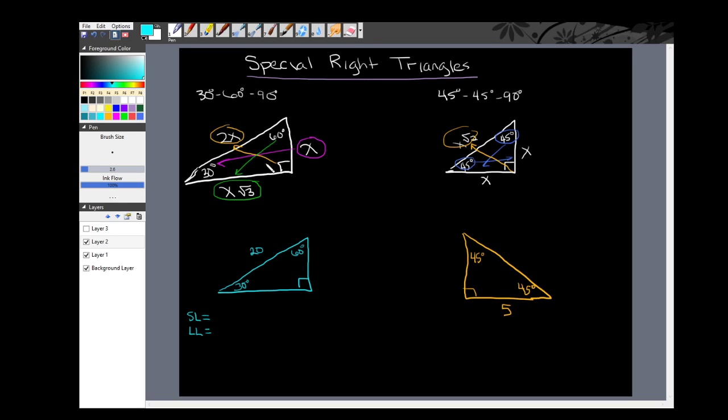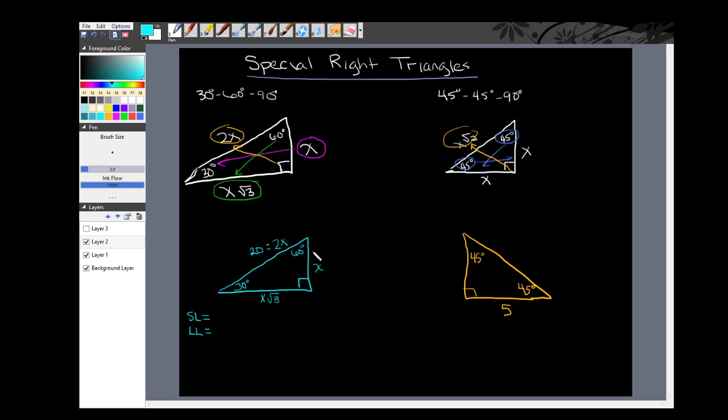On our base example here, the length across from the 30 is just whatever x is. The hypotenuse is equal to 2x, and the length across from the 60 is x root 3.